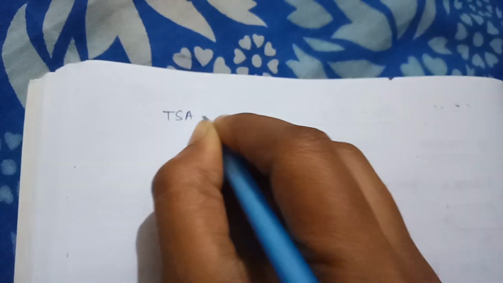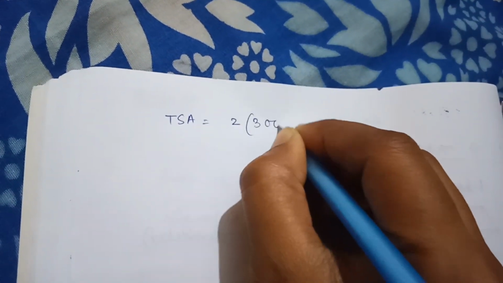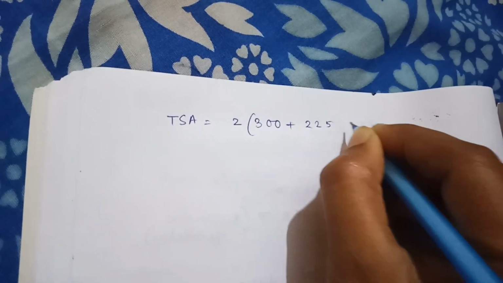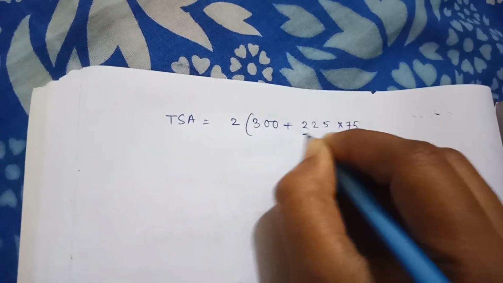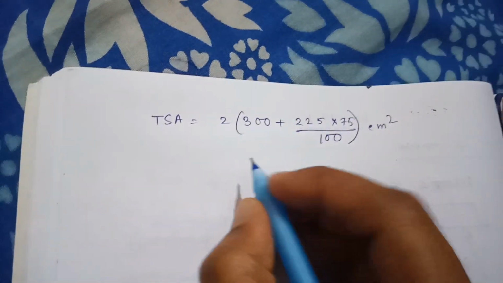Now as I have turned over the page, I'm just writing it once. Total surface area of the brick, what we have got like this, and this is centimeter square.